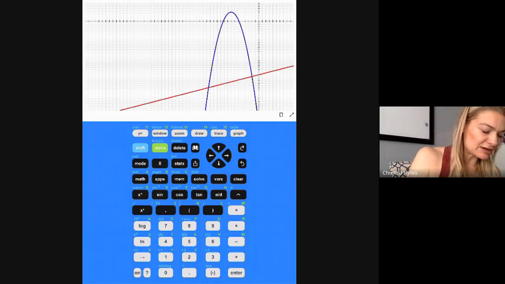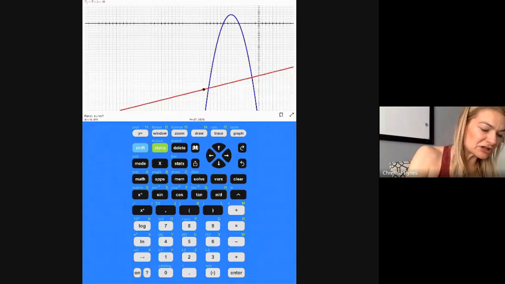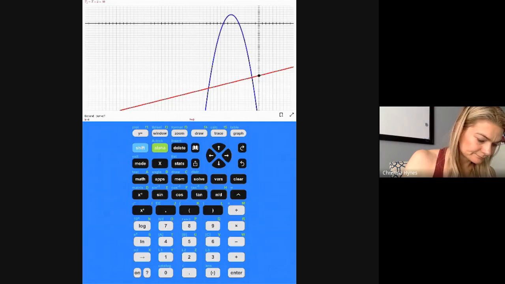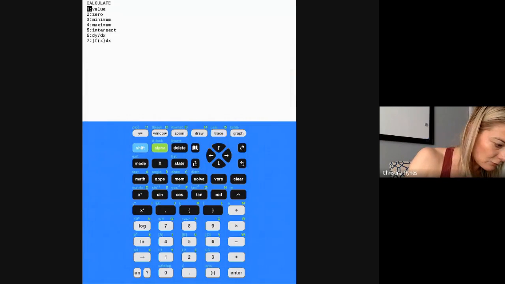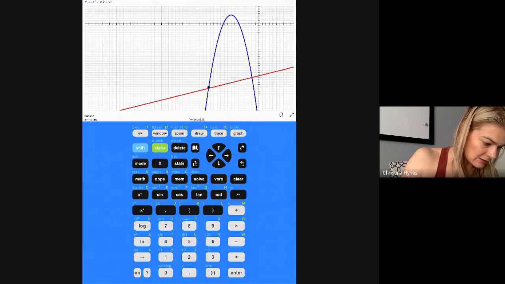You have to do one at a time. So you're going to press second trace number 5, and you're going to go as close to the intersection as you can with your cursor, either moving left or right. And then for you guys, you're going to press enter 3 times. So I'm going to press enter, and it should say, if you did it properly, first curve, second curve, guess.